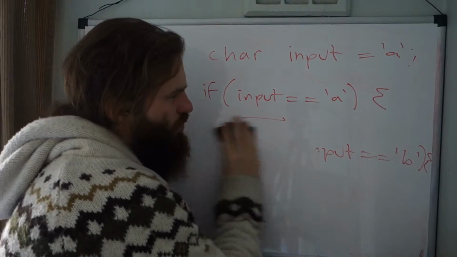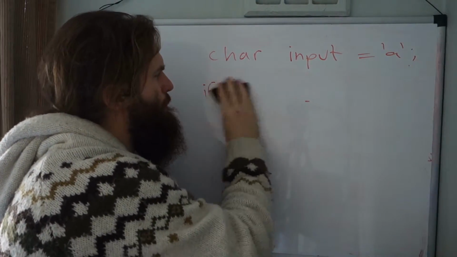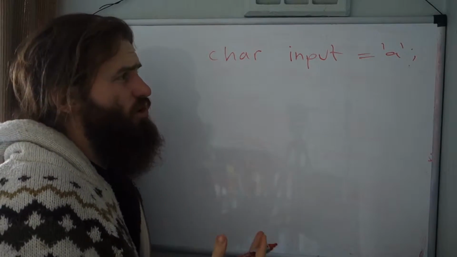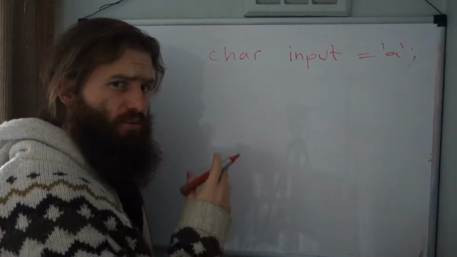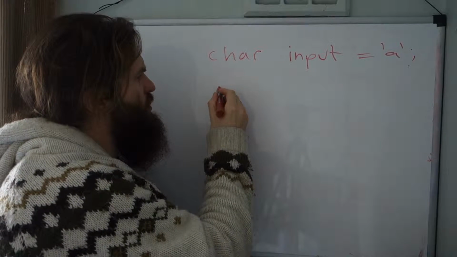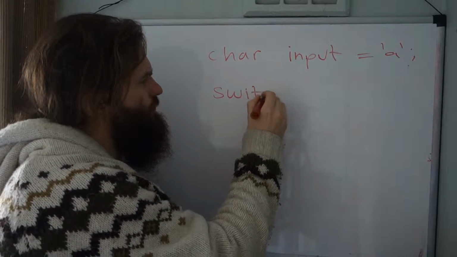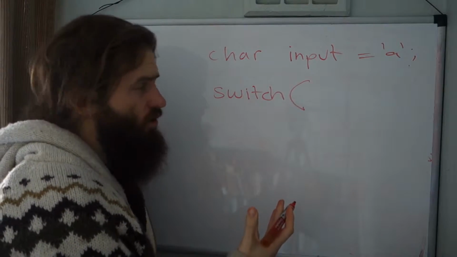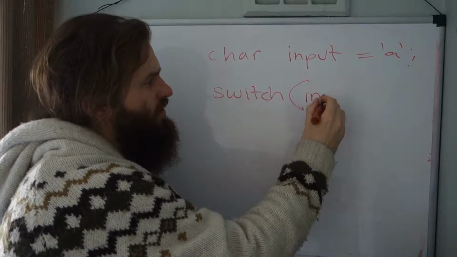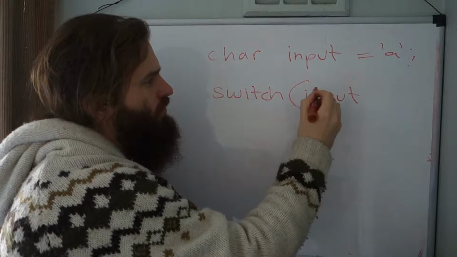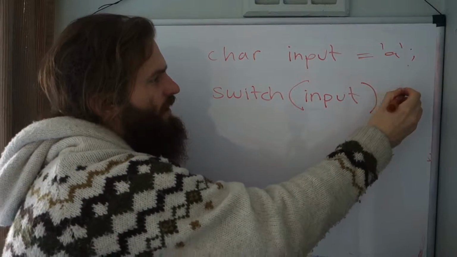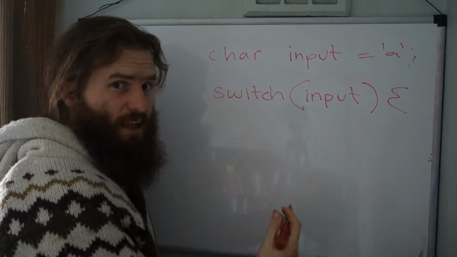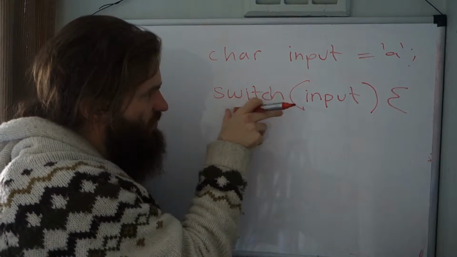It also has some other properties which are quite useful, but let's look at what a switch statement equivalent of what we've just seen would look like. We use the keyword switch, and then we put the variable that we're switching on inside the brackets. So we're switching on input. Now, what we have is a number of case statements as children of this switch.